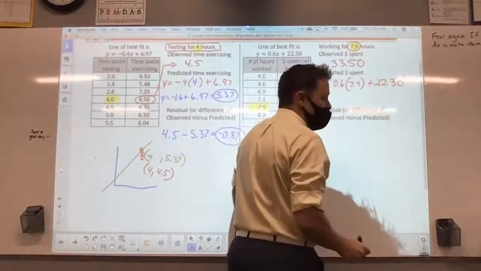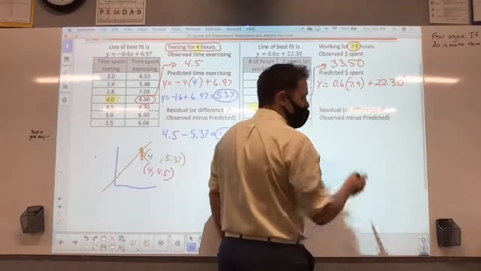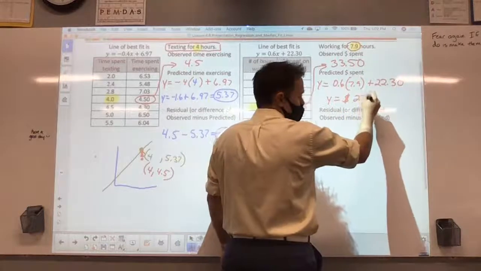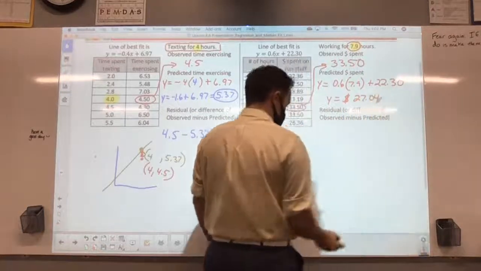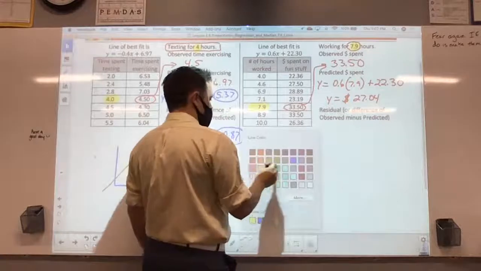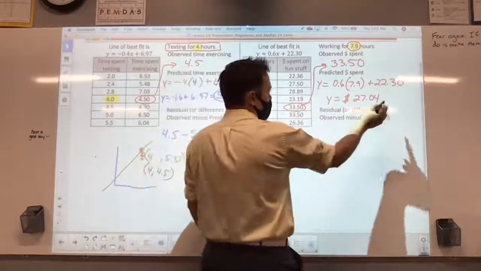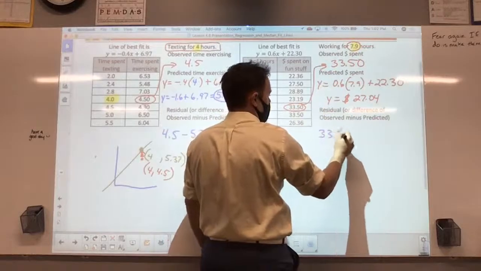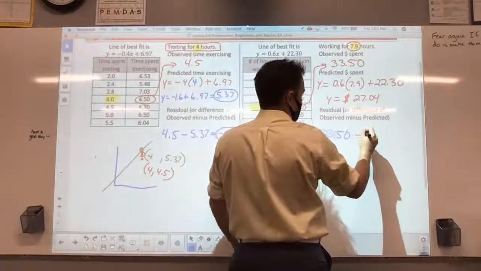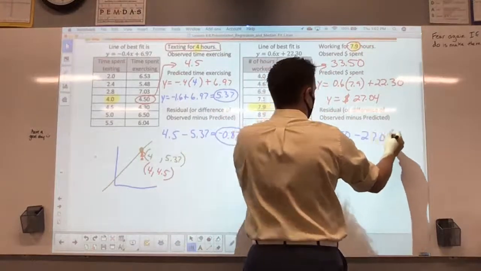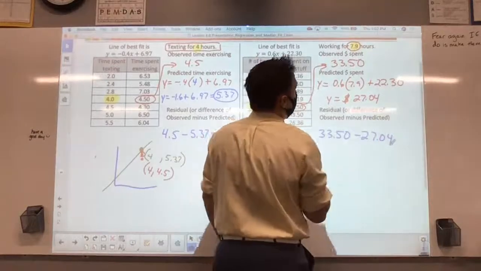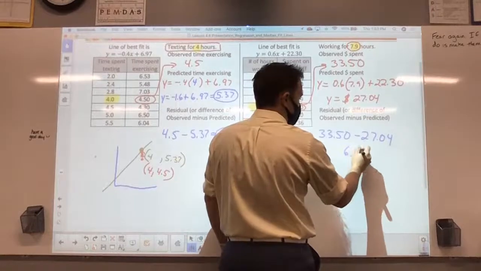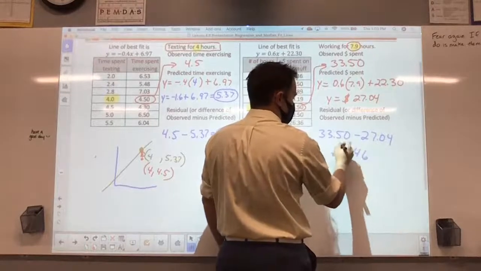And so what this is, ladies and gentlemen, is it comes out to be y equals $27.04. Okay, so how you figure out the residual is what? The difference of observed minus your predicted. So the difference is what? You put that in the calculator, you enter... $6.46.